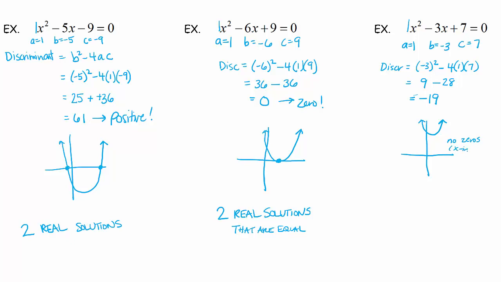In other words, no x-intercepts. And notice that the discriminant was negative. When we have a negative discriminant, we get two non-real solutions. We still get answers, they just happen to be those non-real answers because we have a negative inside that square root.